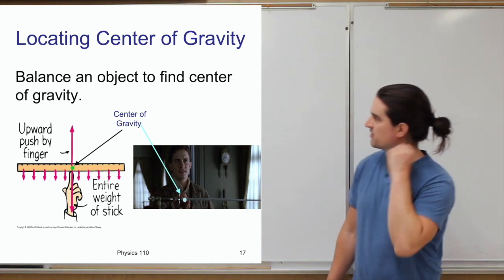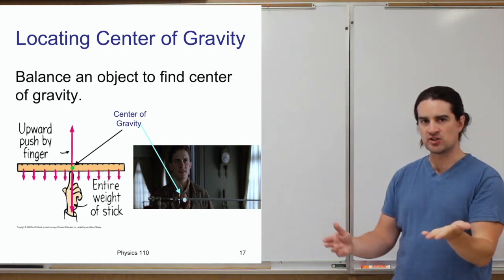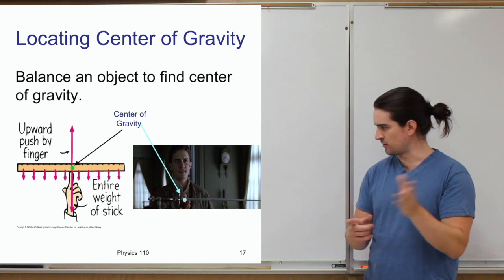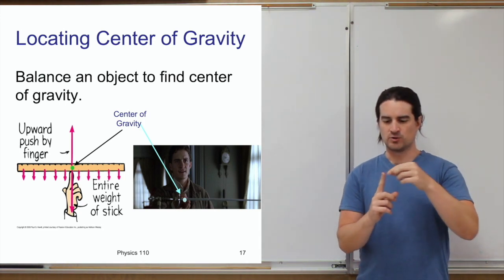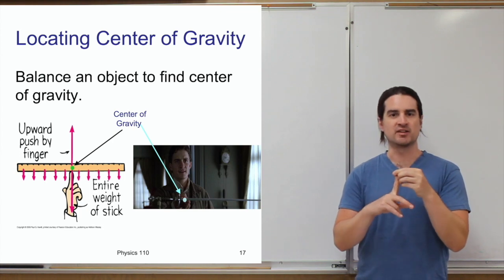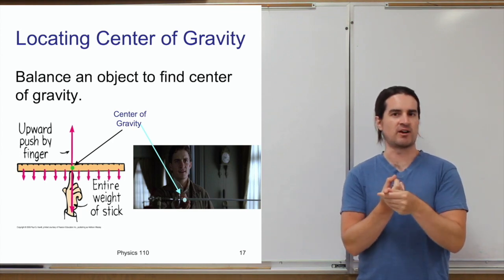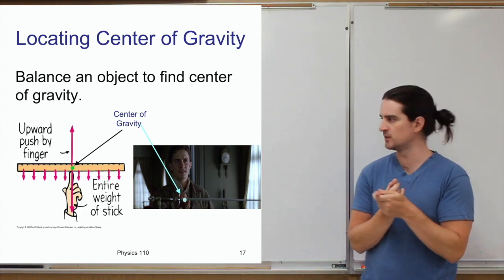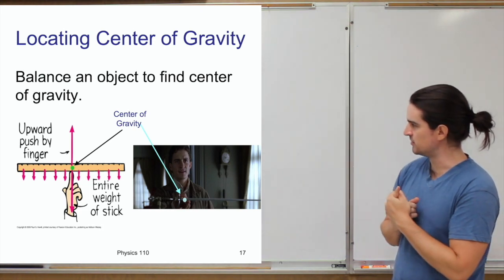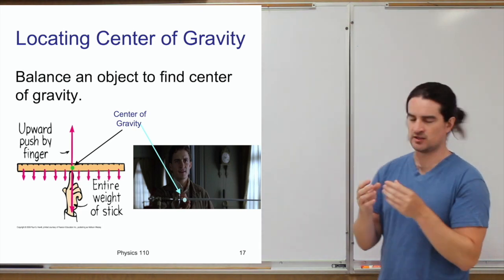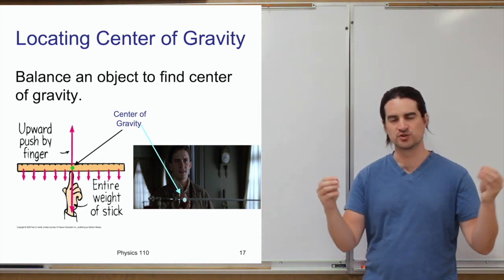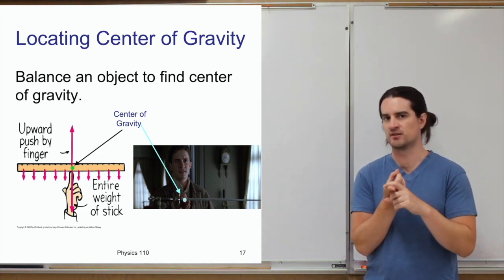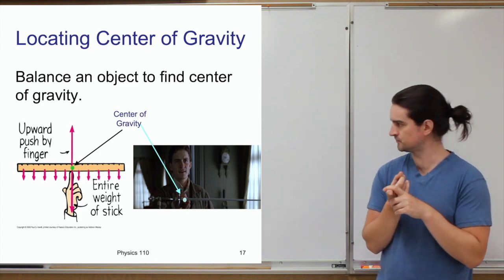If you wanted to locate the center of gravity of an object, take the object and put it on your finger, or on a point of something, and once you get that object to balance, then your finger is directly under the center of mass. You can do that with a meter stick or a ruler, and if they're nicely uniform, then the center of mass is probably pretty much in the center of the ruler.